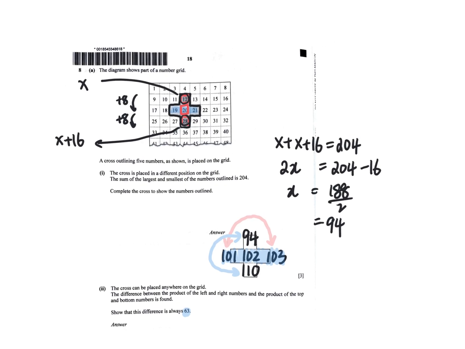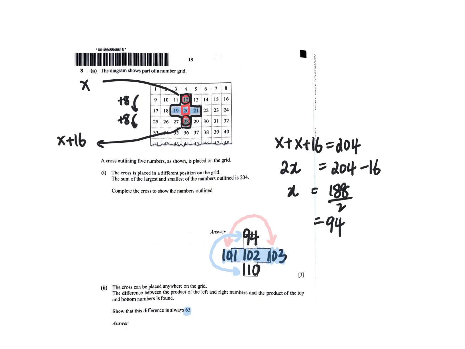First thing first, if I multiply 19 by 21, it's 399. If I multiply 12 by 28, it is 336. So the difference between them is 63.